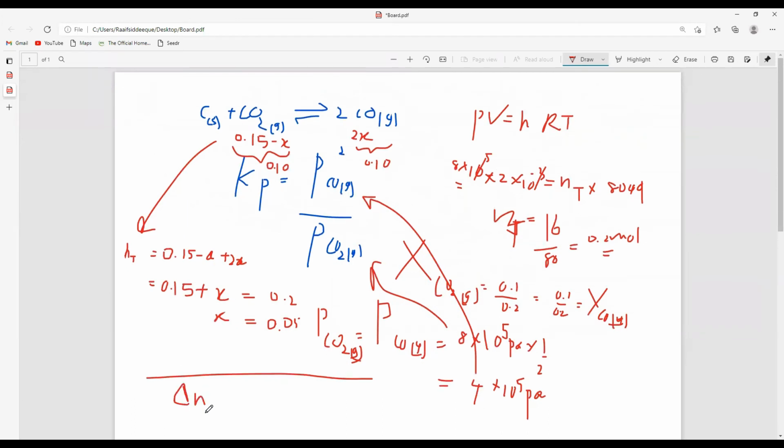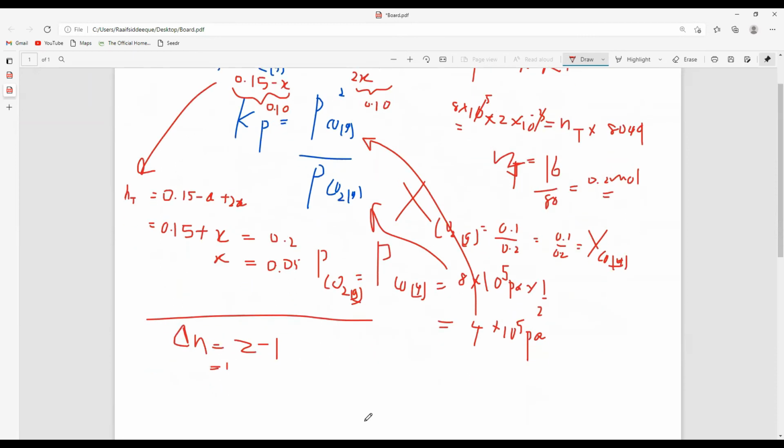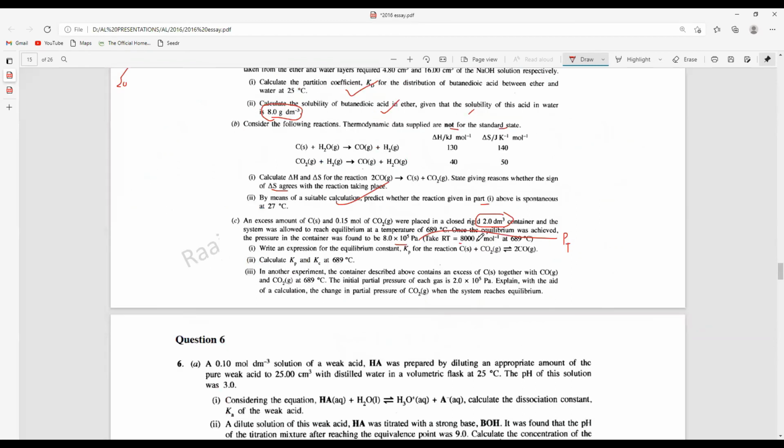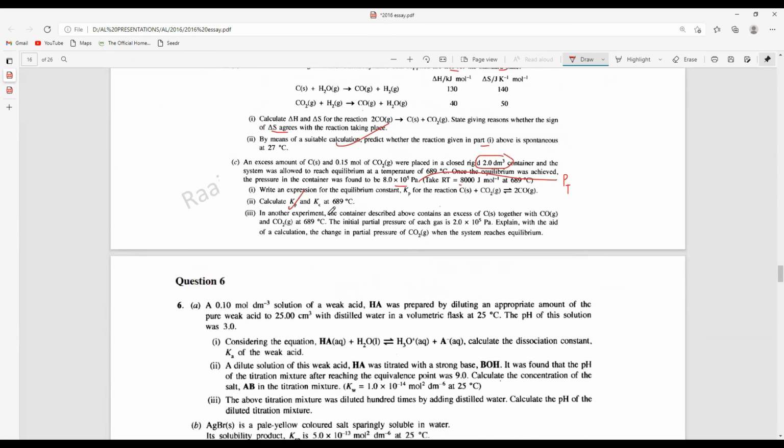So delta n is 2 moles of gas minus 1 mole of gas, so 2 minus 1 is equal to 1. So you can use Kp equals Kc (RT)^delta n to calculate Kc. That is what they have asked here. So you can calculate Kp and Kc at 689. Right. So the last part.